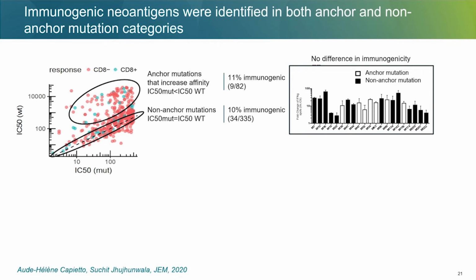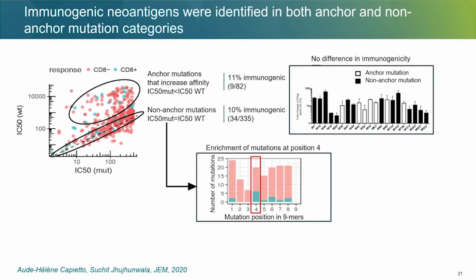So then we wanted to further understand how these mutations behave. And so we looked at the immunogenicity of these mutations. What is the strength of the T-cell response, measured by interferon gamma, against these mutations? And we didn't see any difference. All the mutations at anchor or non-anchor positions elicit very comparable immune responses. What we observed is that there is somewhat of an enrichment in the middle of the peptide at position 4 for the non-anchor mutations.